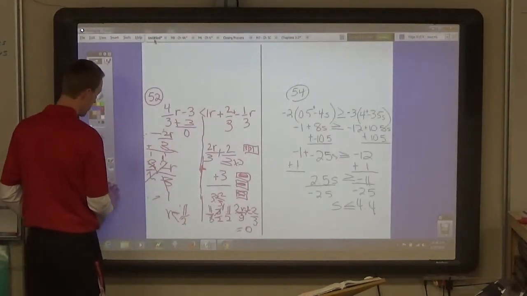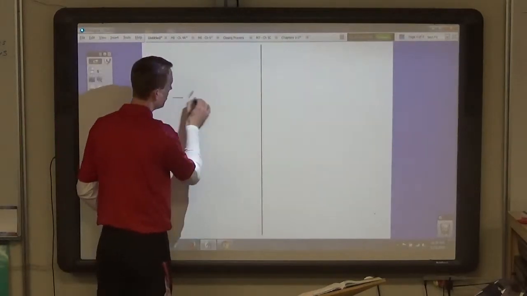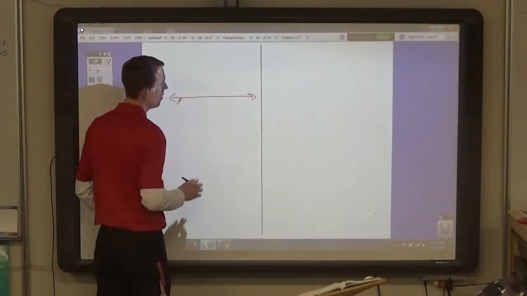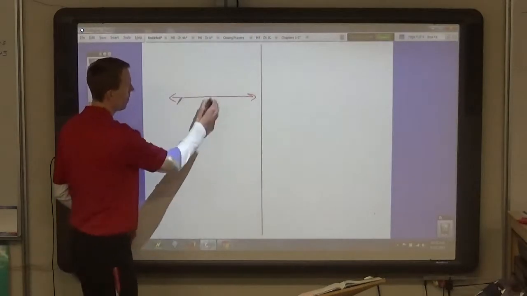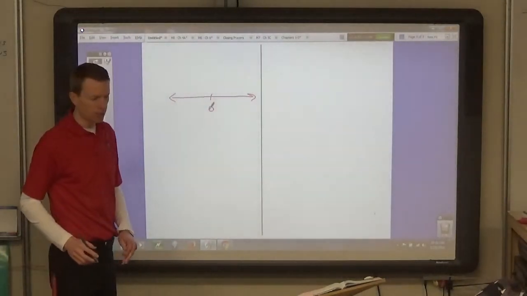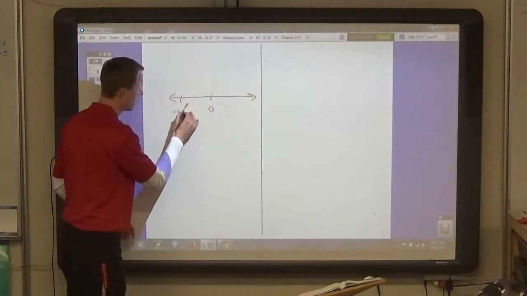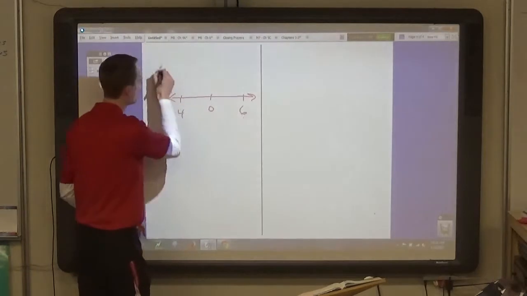When you are doing these questions, you draw a number line and mark where 0 is. Put the numbers on that are given to you. So you're given -4 and 6. This is number 1 in your book.